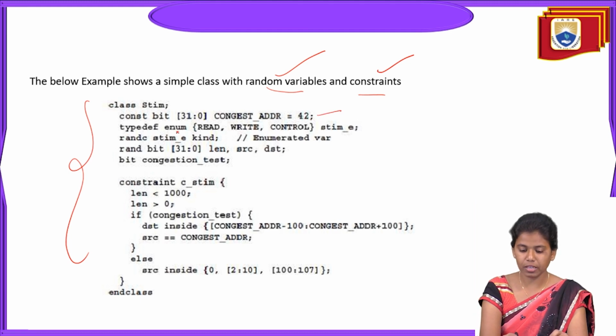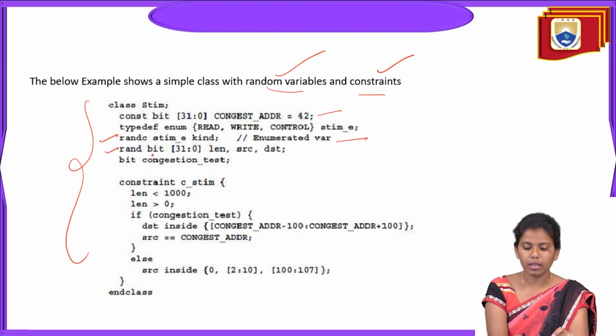Type different number, read write control. See here the random bits rand C and rand. Rand and rand C are the names given to the particular variables, and rand C stem e kind is an enumerated value variable. Rand bit is 31:0.